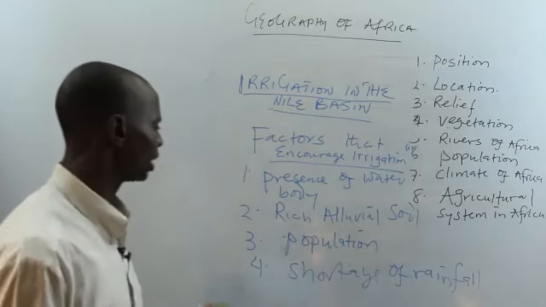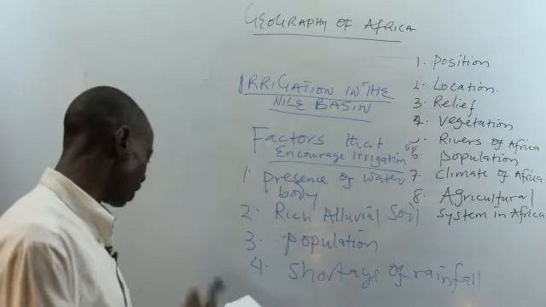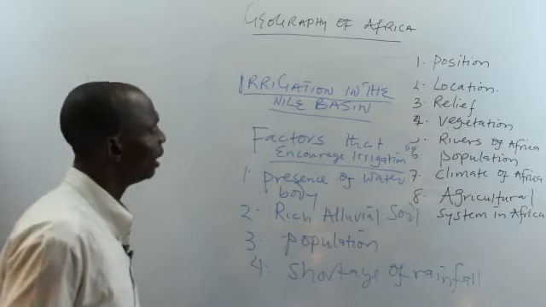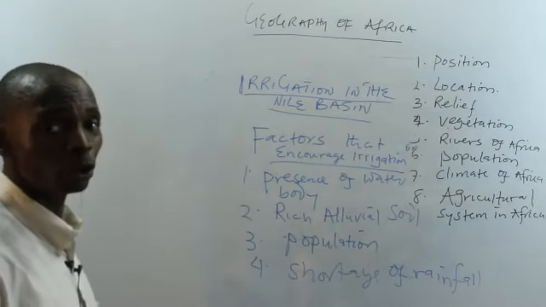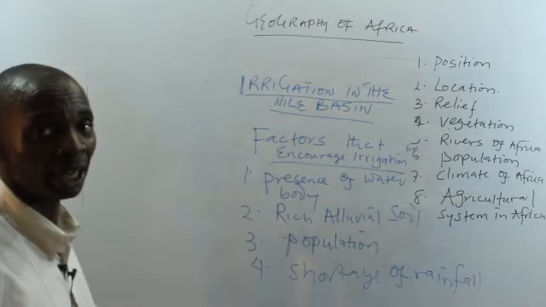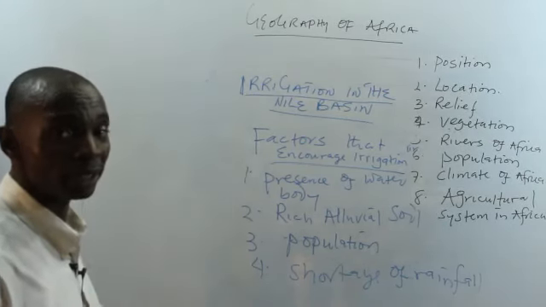So all these are the types of irrigation being practiced in the Nile Basin. We also have basin irrigation. We also have pump irrigation, as we have said. So these are the types of irrigation.